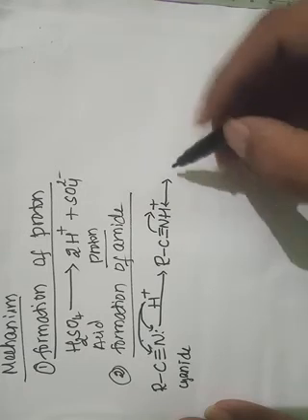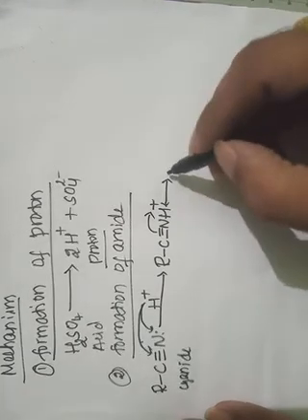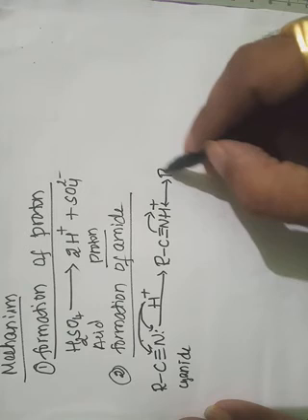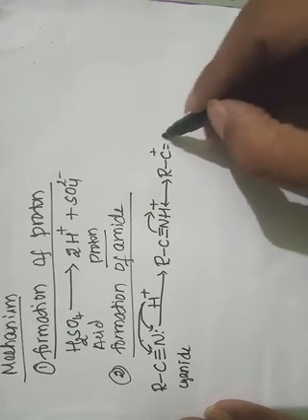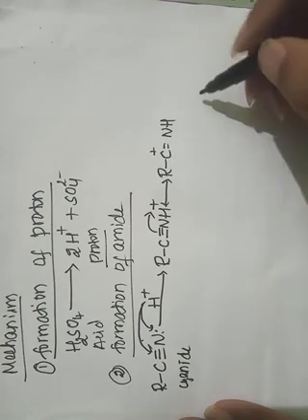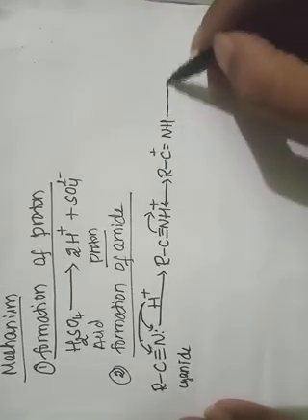Next, one of the bonds in the compound will break to form an intermediate containing a carbocation.